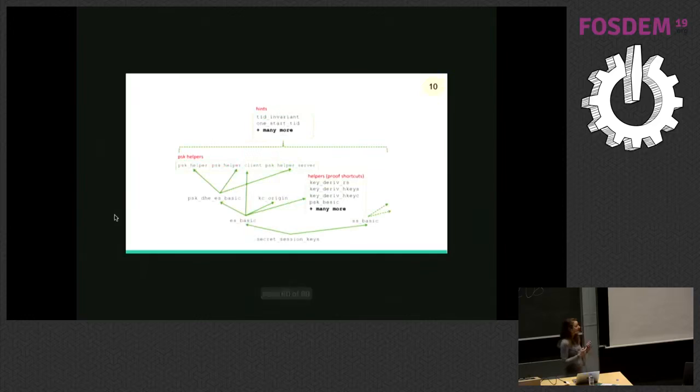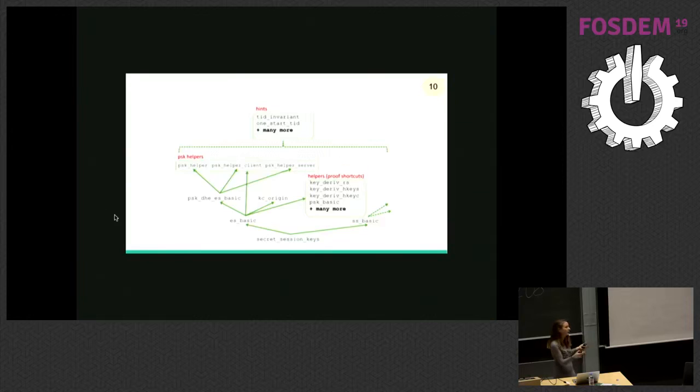So maybe it seems simple, but in actual fact, for us to prove the secret session keys lemma, we needed to write and prove a whole bunch of these auxiliary lemmas before we could even start proving that. So the proof of this relies on ES basic, which relies on these, which rely on these, and this is only half of the lemma tree.